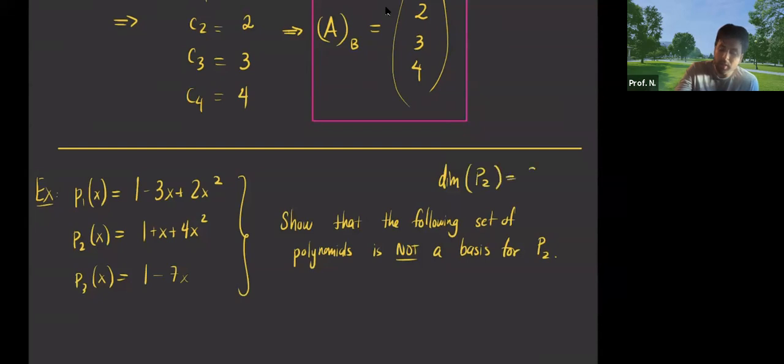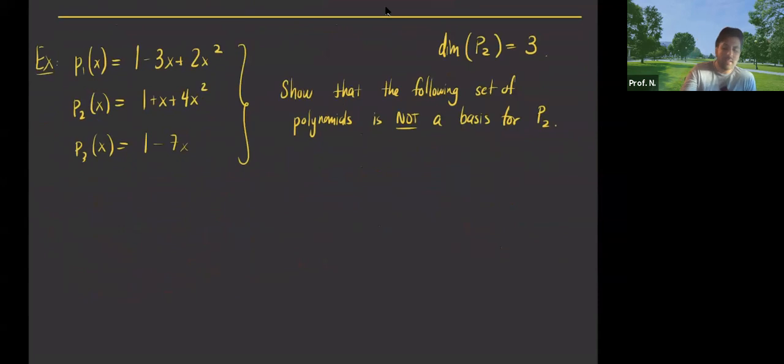We talked about this because it has 3 degrees of freedom. That's another way to determine dimension. And dimension is also equal to the number of basis vectors or elements in the set. So I'm expected to have 3. That's why I have these 3 candidates. But the question is already saying that this is not a good set to be a basis. So how do we show that this is not a basis? What would we have to show?